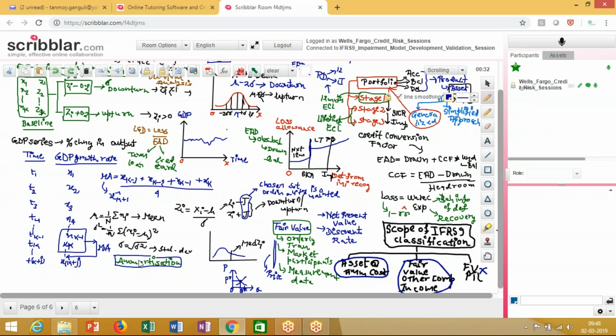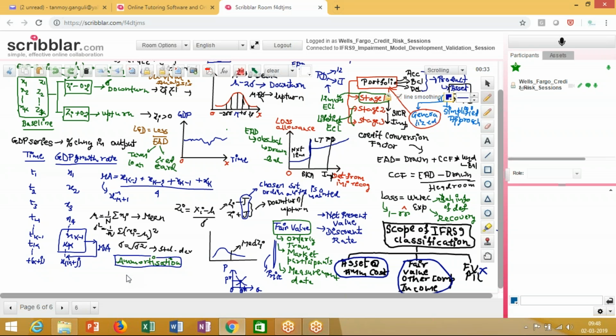You can see that the value of the loan that is outstanding is also depreciating over a period of time. So that loan is being written off at regular intervals, right?